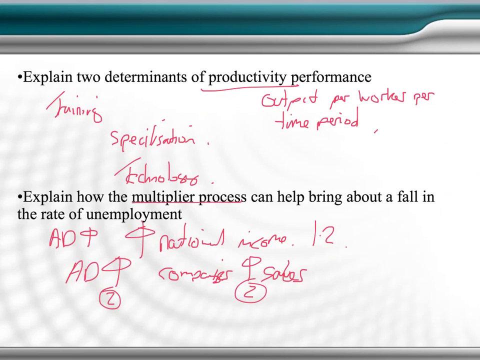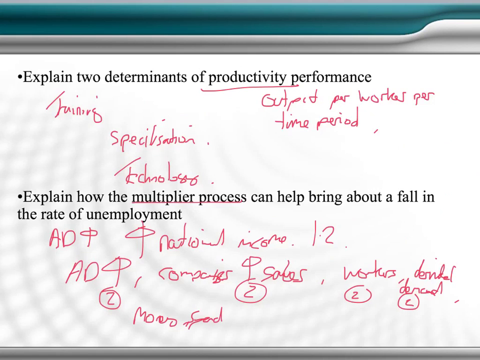Because they've got increased sales, they need to increase workers. You could easily talk about derived demand. Another 2 marks. Because of this derived demand, what happens? These workers have more money. With this money, they spend it, and it carries on.